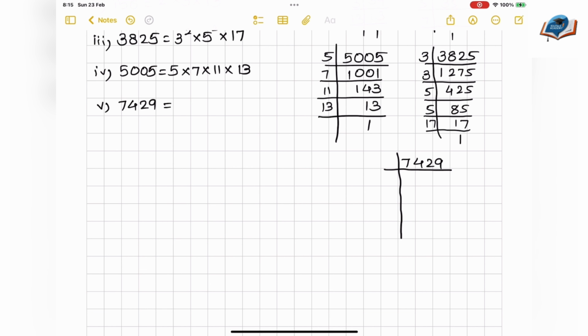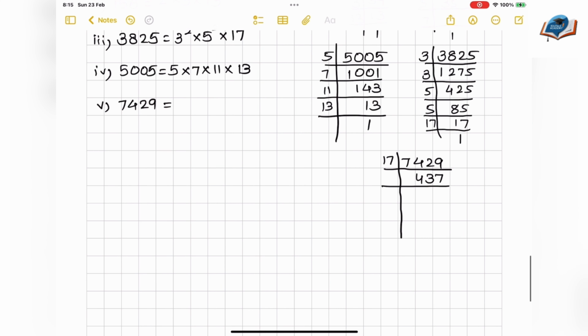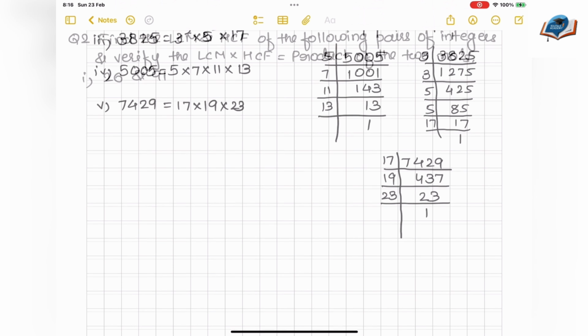So let me try with 17. 7429 divided by 17, I am getting 437. Now 437 won't go with 17, it will go with 19. Dividing by 19, I am getting 23. And 23 is also a prime number. So all the three numbers are big prime numbers: 17, 19, 23.